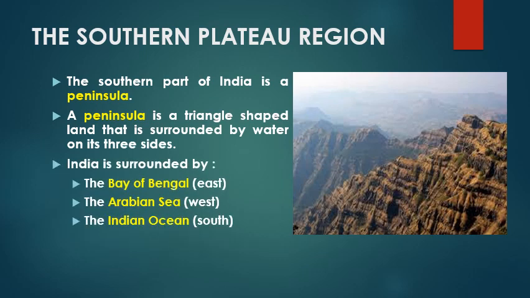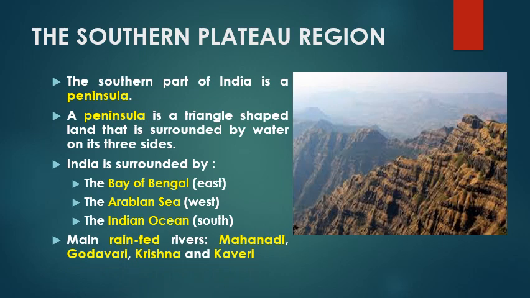And if you remember, I have told this to you earlier as well in our first chapter, that in the east we have the Bay of Bengal, in the west we have the Arabian Sea, and in the south we have the Indian Ocean.